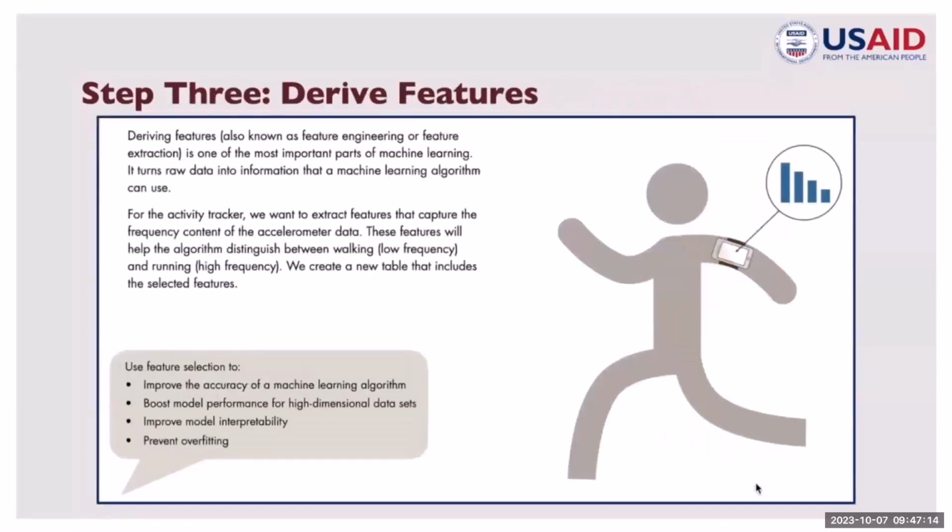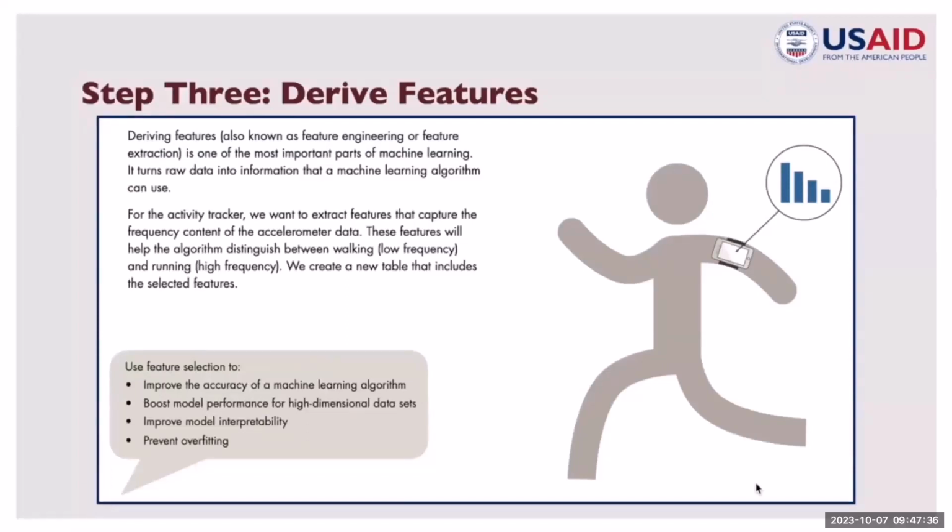We now proceed to the next step, deriving features. We also refer to this step as feature engineering or feature extraction, which is another important workflow process of machine learning. It turns raw data into information that a machine learning algorithm can use.